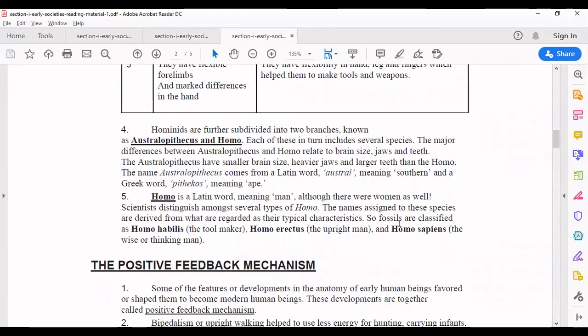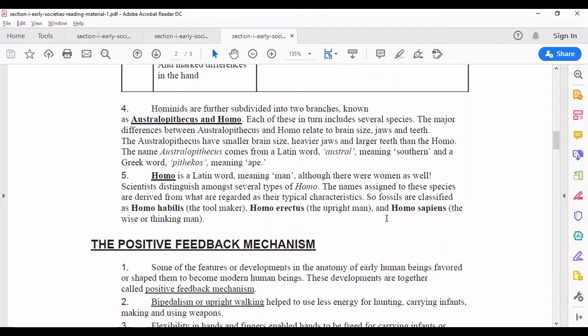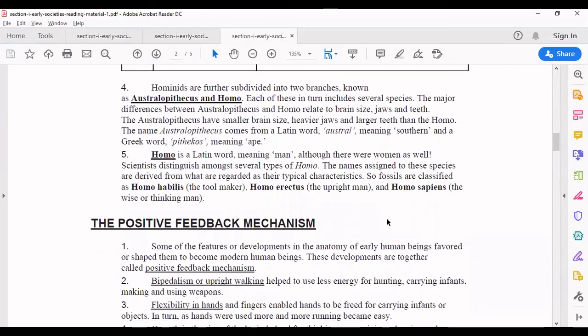Now, hominids got further subdivided into two branches known as Australopithecus and Homo, and each in turn has several species. These two branches are also known as two genera.